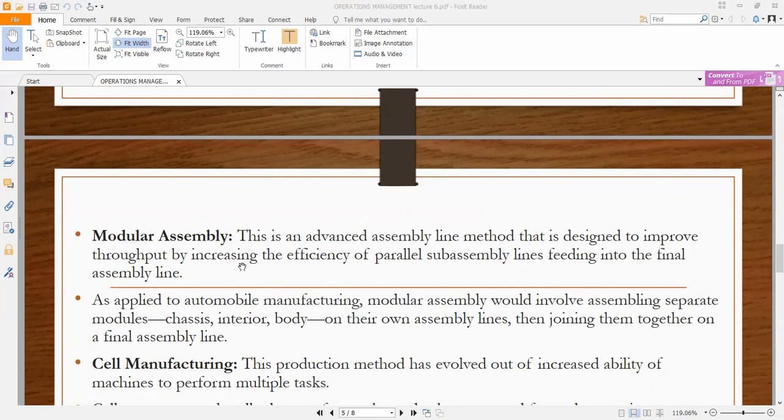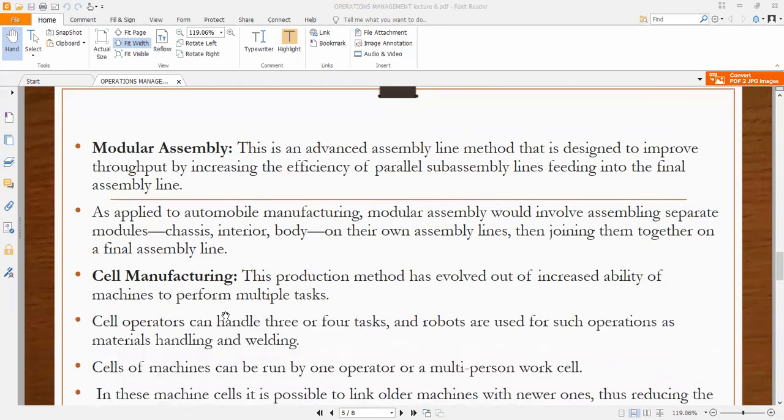So this is an advanced system where methods are designed to improve the what? The output of the company by adding different components together for an end product. An example is automobiles. In a test, you need to be able to give this description and be able to give the examples.